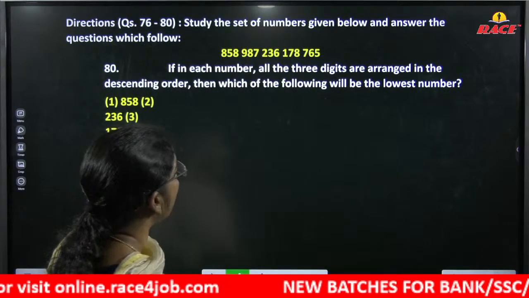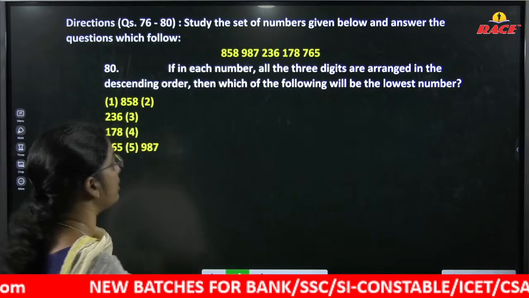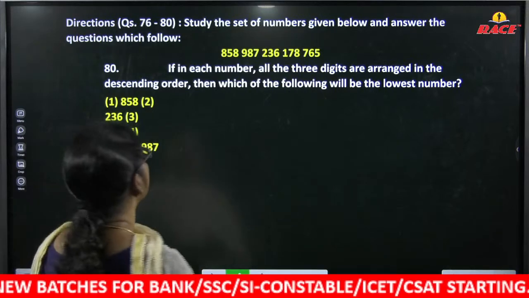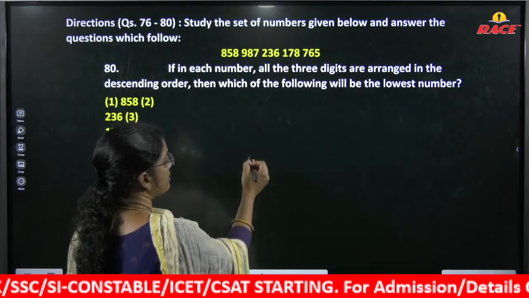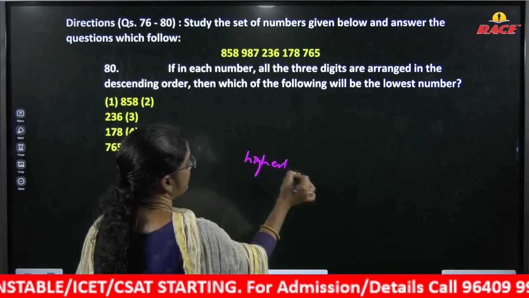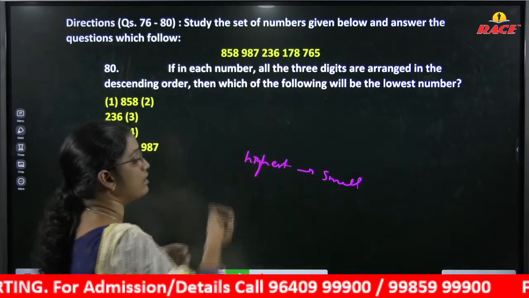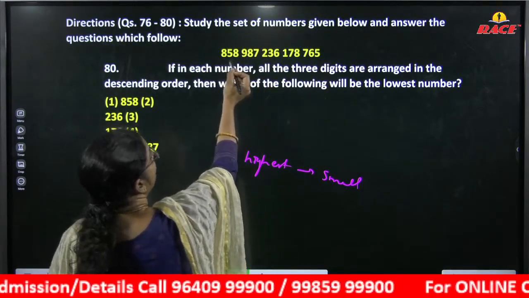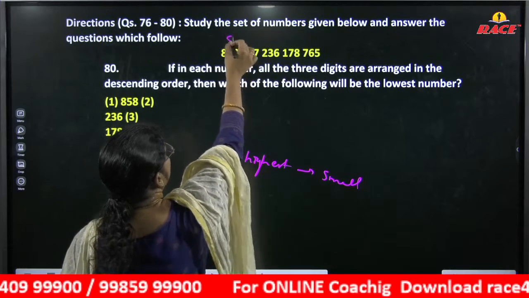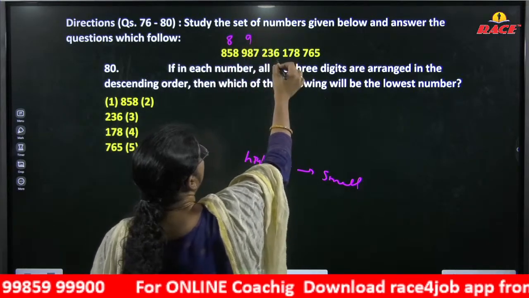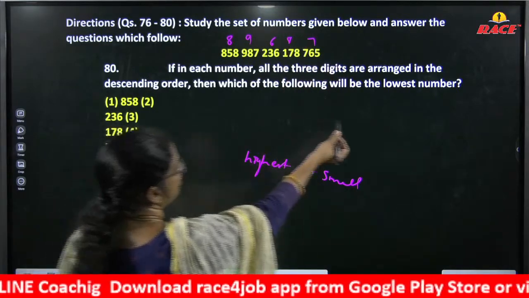If in each number all three digits are arranged in descending order, which of the following will be the lowest number? Descending order means from the highest digit to the smallest digit. So in the first digit place we have to take the highest digit. In this number the highest digit is 8, in this 9, here 6, here 8, and here 7. Then our question is which of the following will be the lowest?